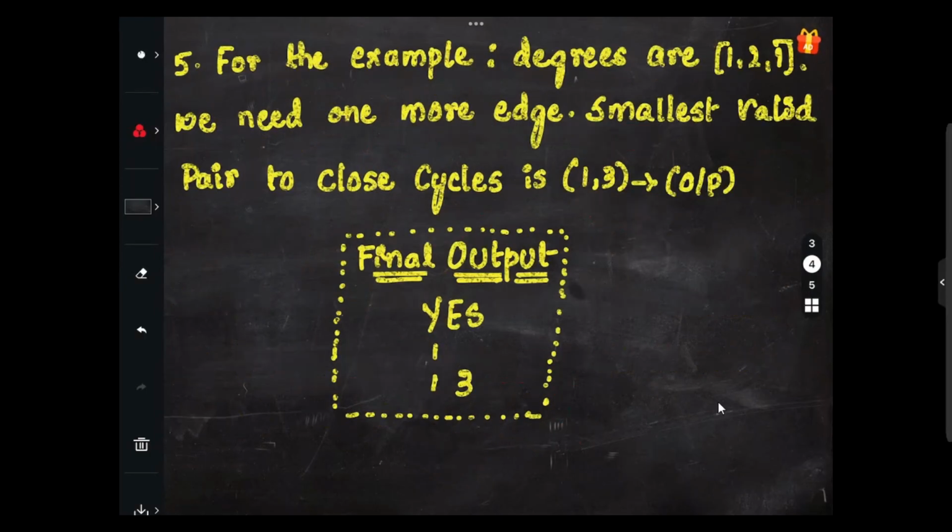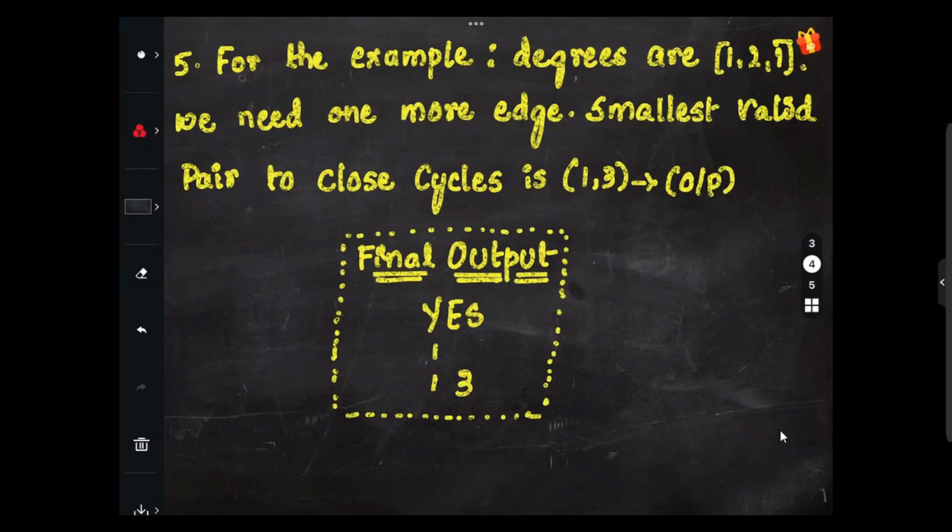So for the first example that we considered, the degrees are 1 2 1, with the edges 1 to 2 and 2 to 3. This is fine, and we need one more edge.